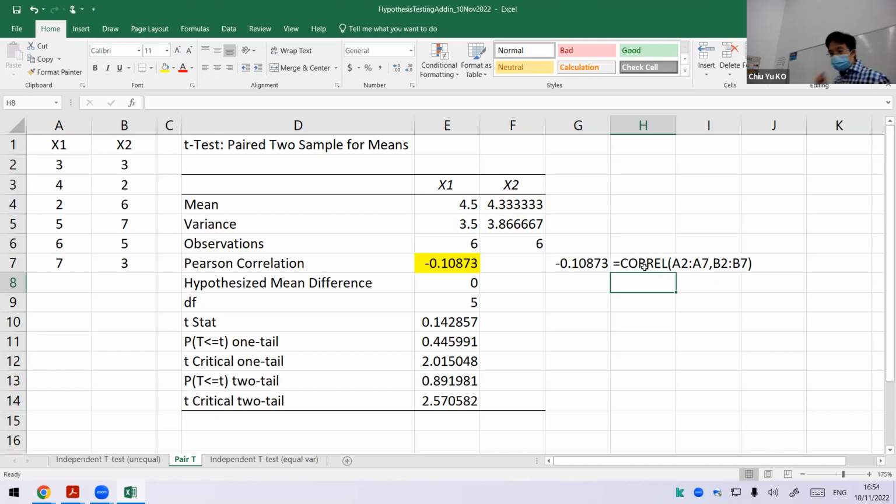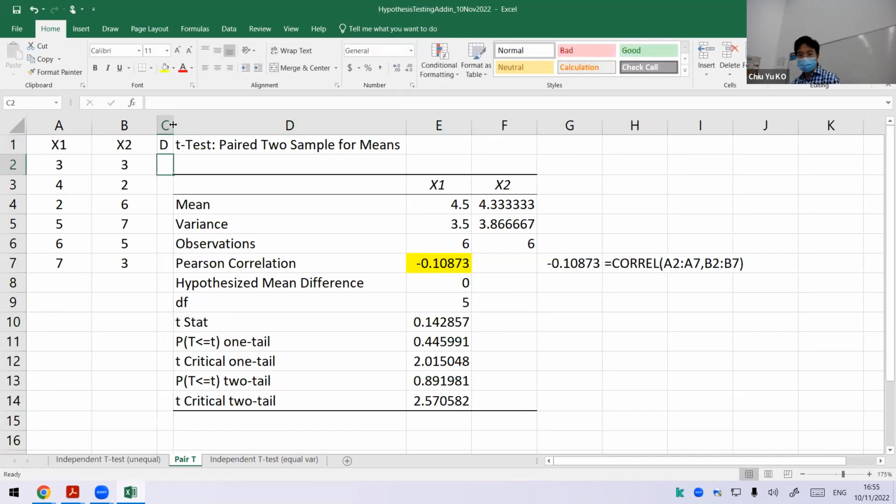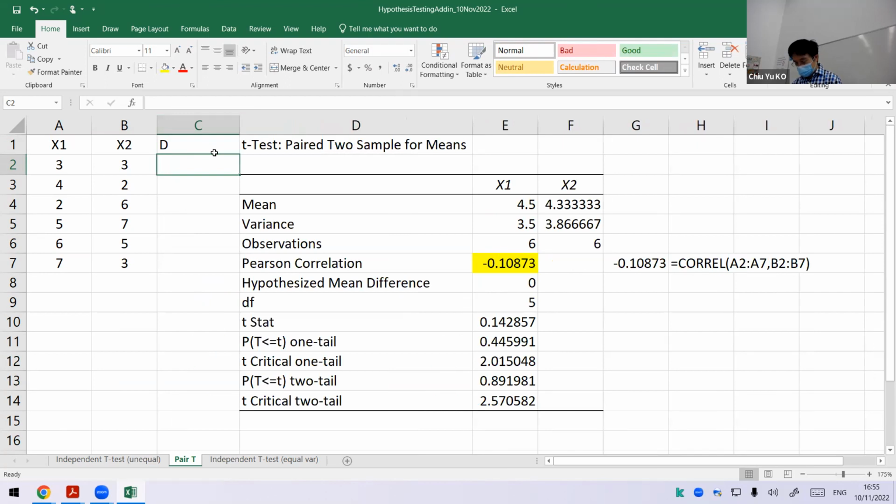Everything is very simple, right? The T-stat is simply x1 minus x2, and the variance is a little bit complicated. How do you calculate the variance of this? The first thing to do is calculate a column called D, and D will be just x1 minus x2.